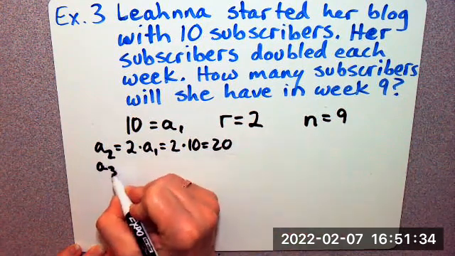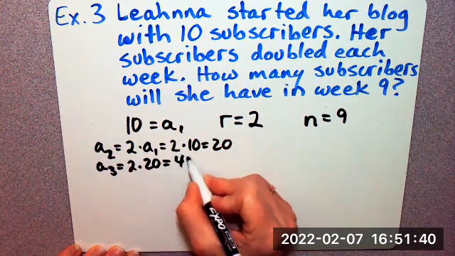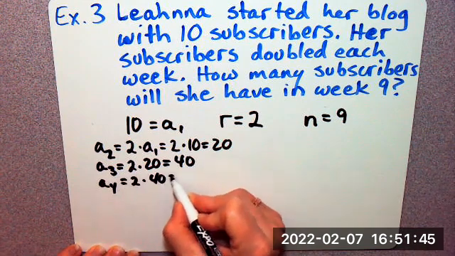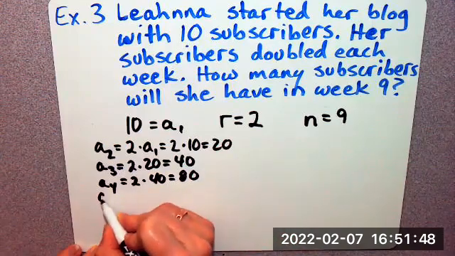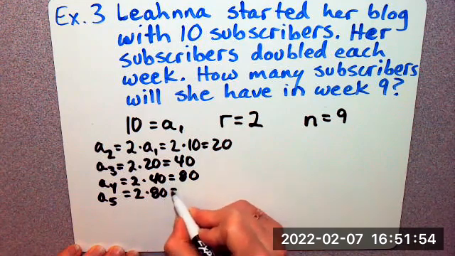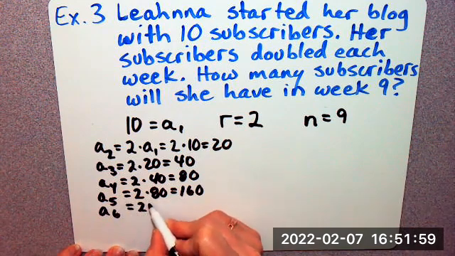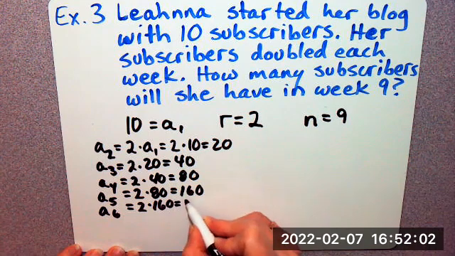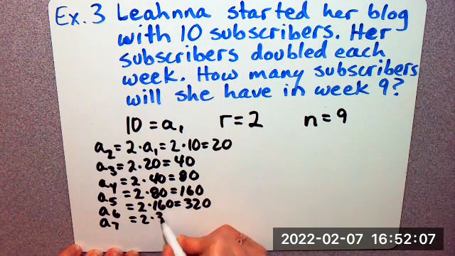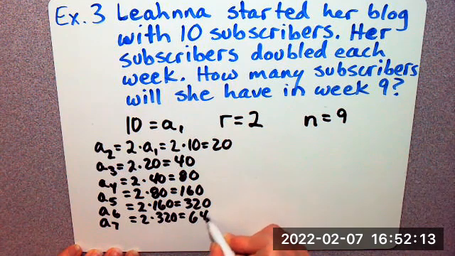Okay, A3 is going to be 2 times 20, which is 40. A4 is going to be 2 times 40, which is 80. A5 will be 2 times 80, which is 160. A6 equals 2 times 160 equals 320. A7 equals 2 times 320, which is 640.